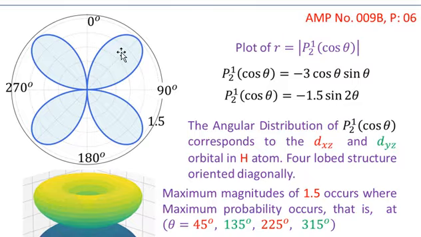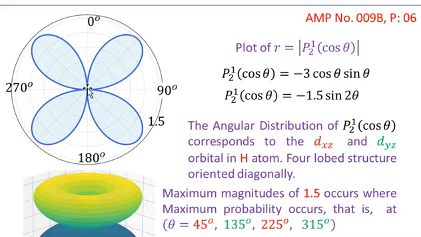And here you will find two pairs of lobes. One pair of lobes is located in the xz plane and the other is located in the yz plane. So you see that the equator plane is actually the xy plane. This 90 degree to 270 degree line contains both the x-axis and y-axis.